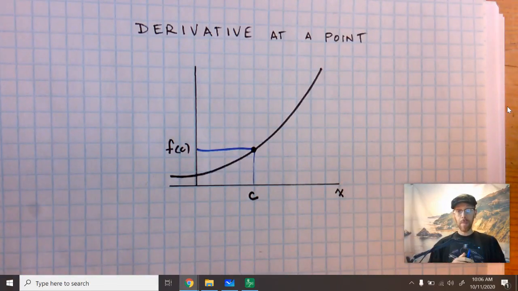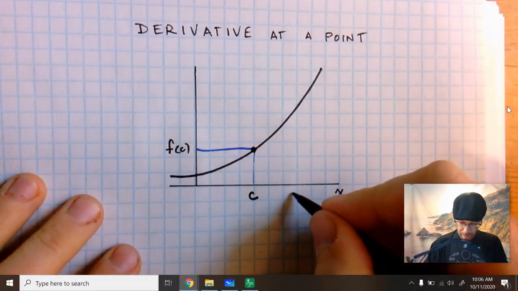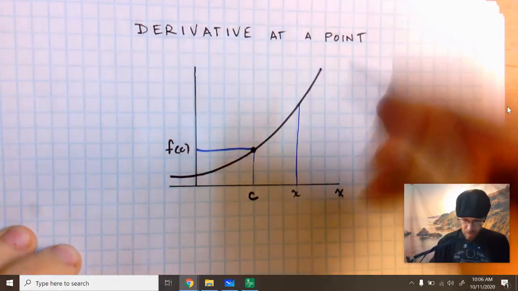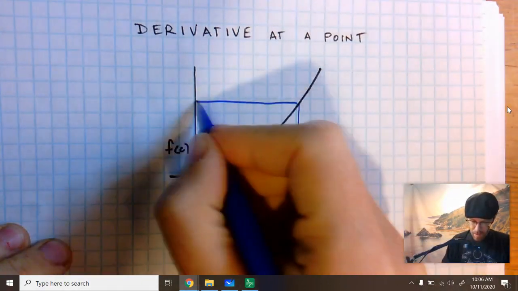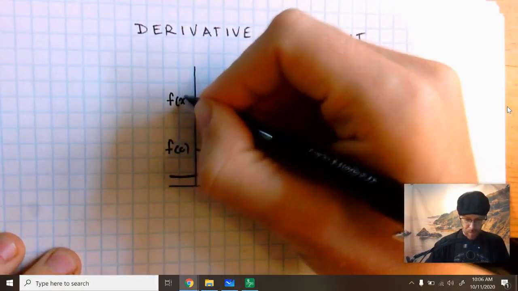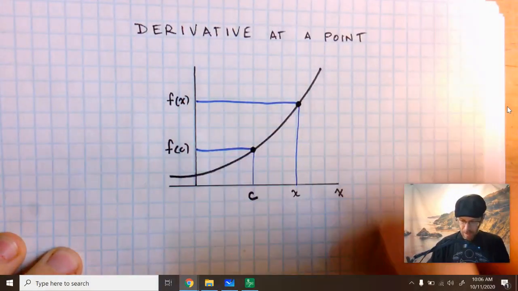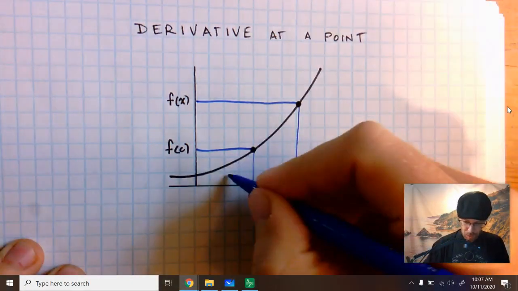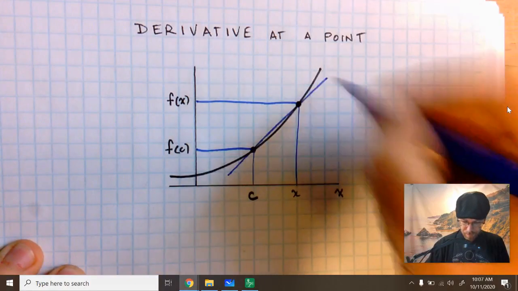And our approach went something like this. We define a second point as x, comma, f of x. And we calculate the slope of the line that passes through those 2 points.